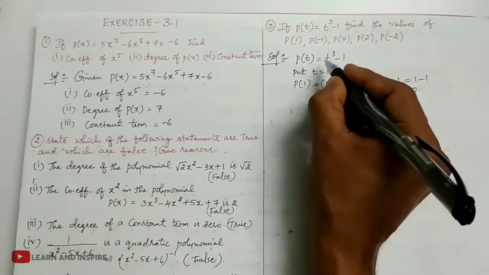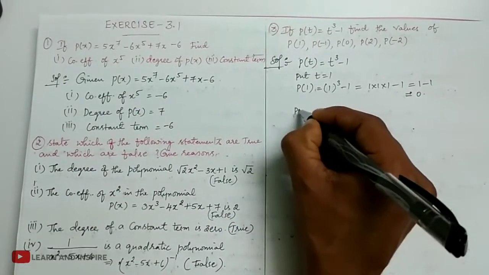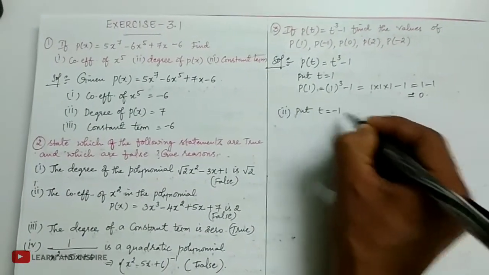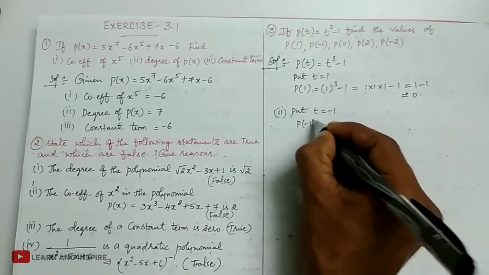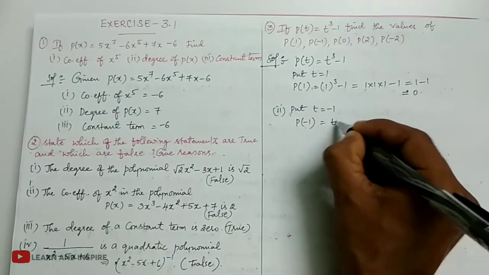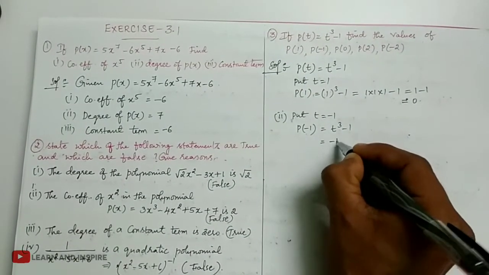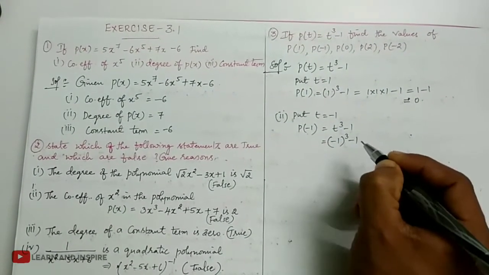Next one, put t equal to minus 1. P of minus 1 is equal to, t cube minus 1 is the polynomial, so if I substitute minus 1 we get minus 1 whole cube minus 1.